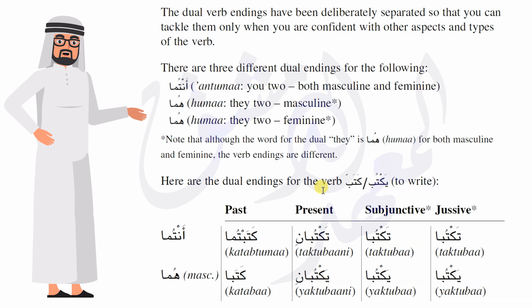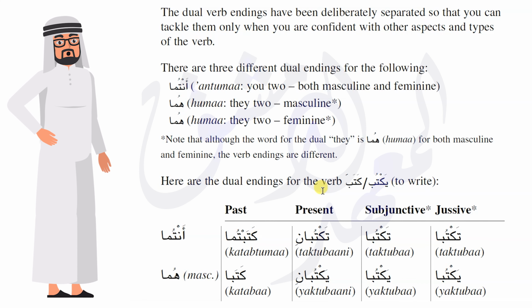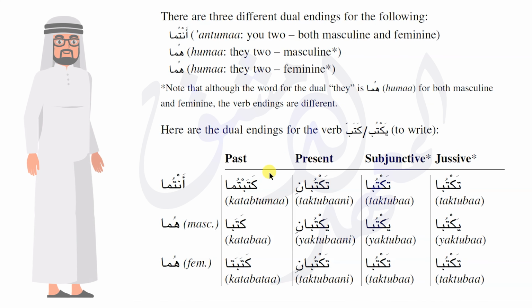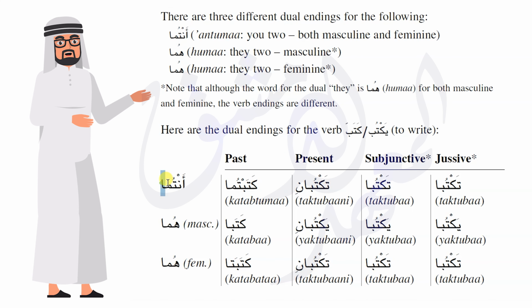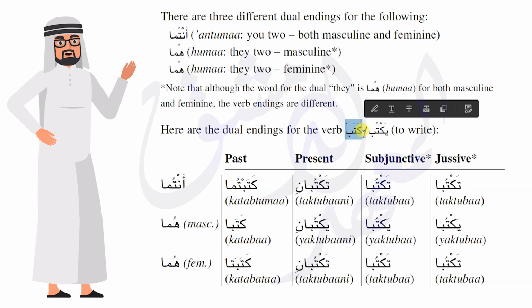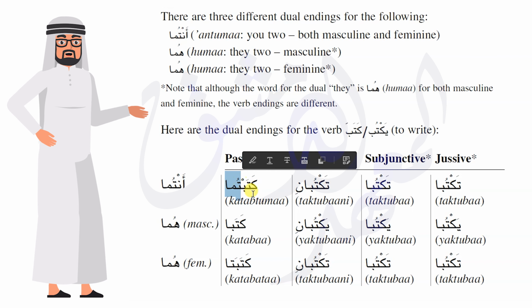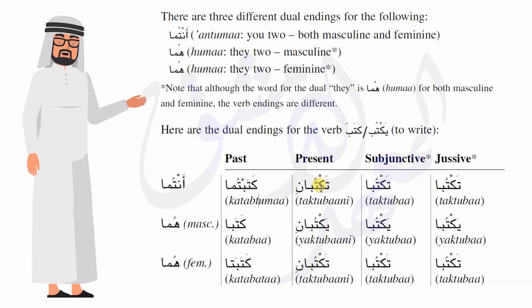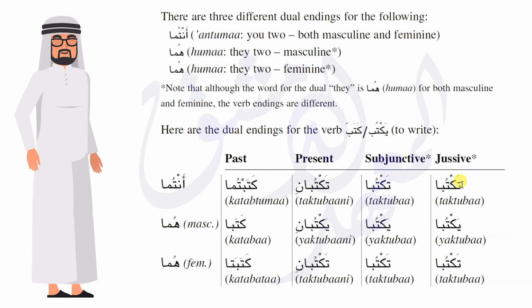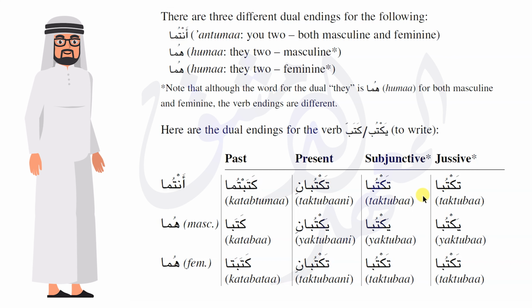So here are the dual endings for the verb to write, kataba yaktubu. Antuma katabtuma. We add this ending to the end of the root kataba. Tuma is added. Then we have present taktuban. Subjunctive will be taktuba and the jussive will be taktuba.